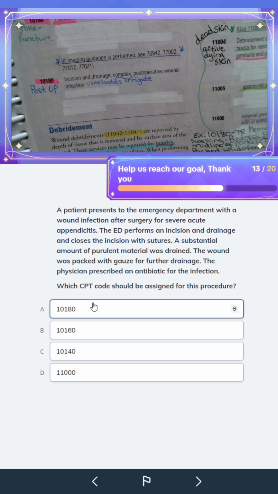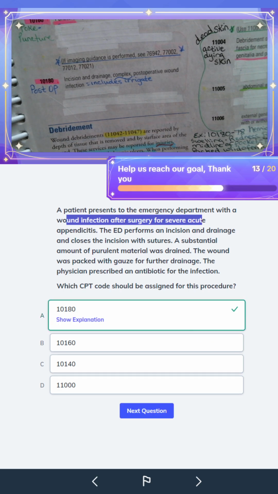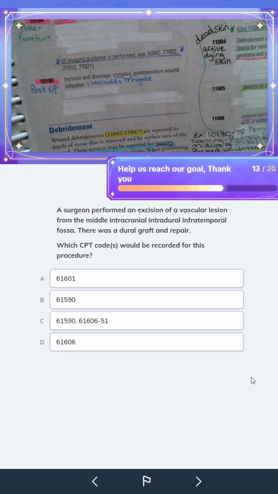Now we're doing post-op. 60 is a poke, puncture. 40 is a hematoma or clear fluid from like a little cyst or boil on top of the skin. This is a post-wound infection, huh? So maybe it is the post-op one. A? Who said A? Yes, did you? Good job, guys. Perfect.